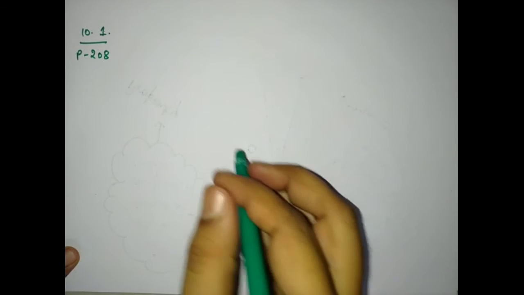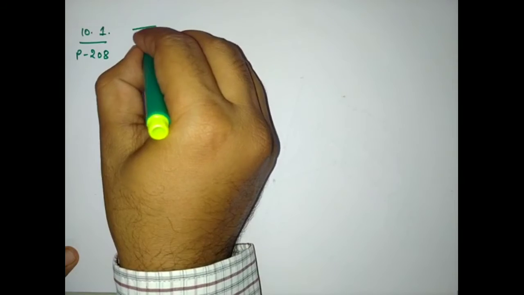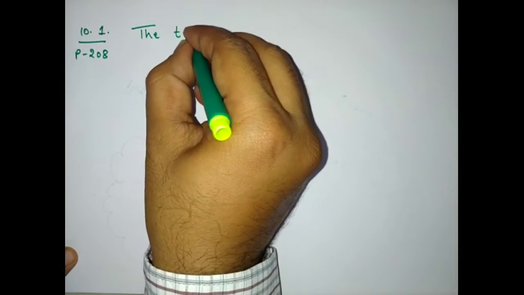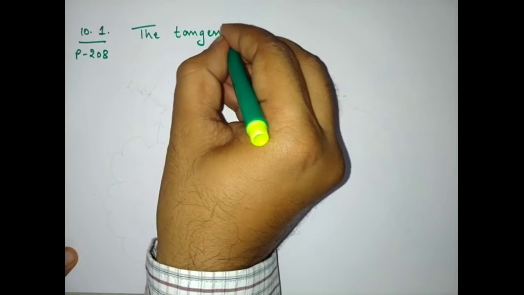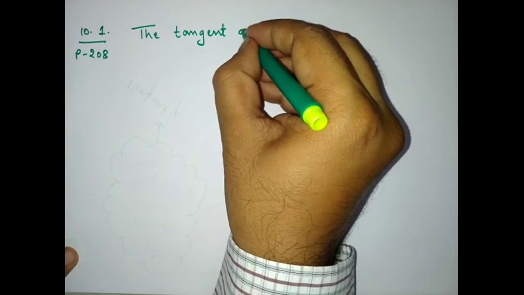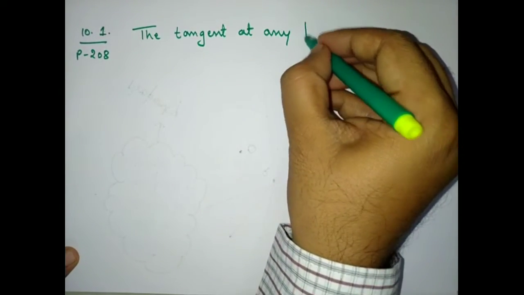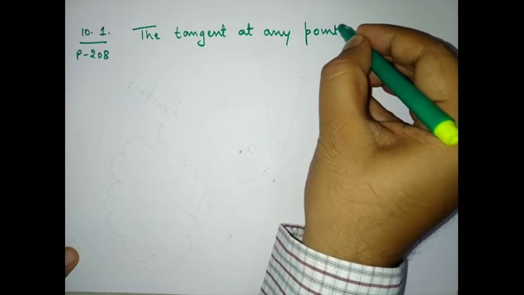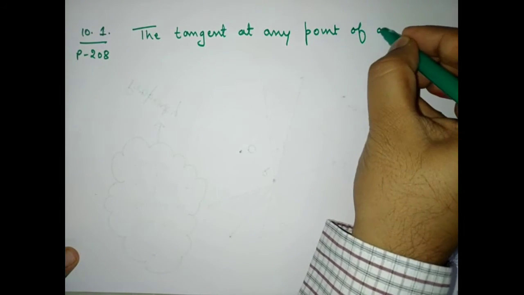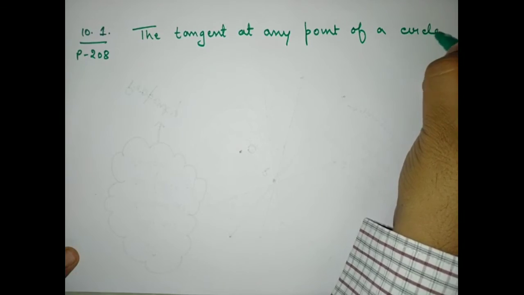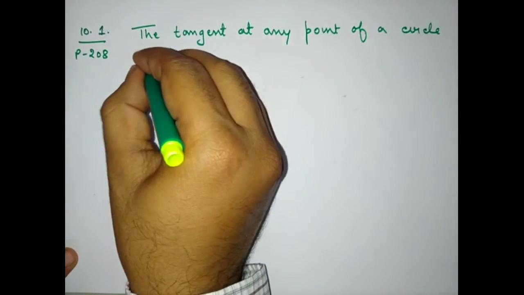Now let us come to a theorem, given on page number 208 of your NCERT book, which says that at a point of contact, the tangent and the radius are always perpendicular to each other.